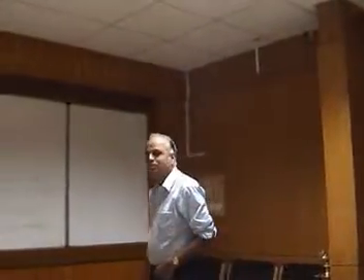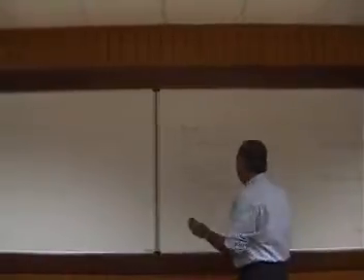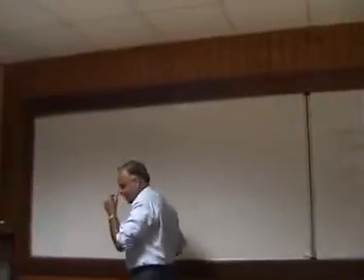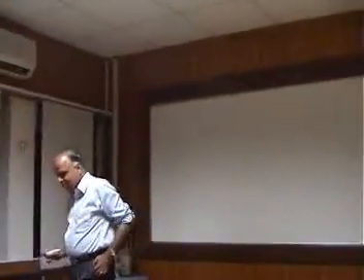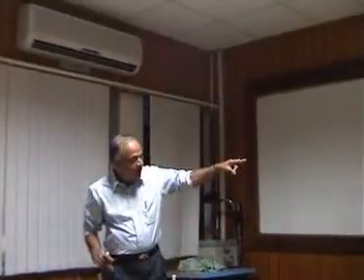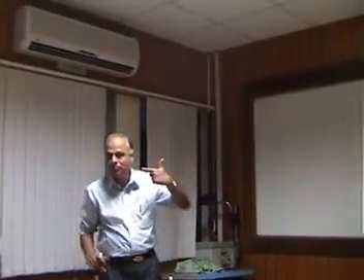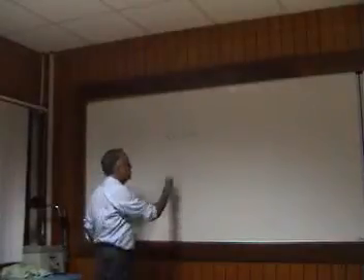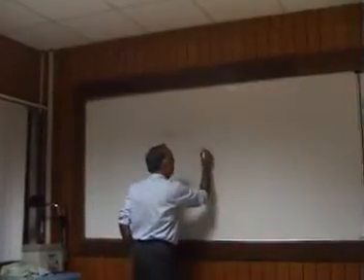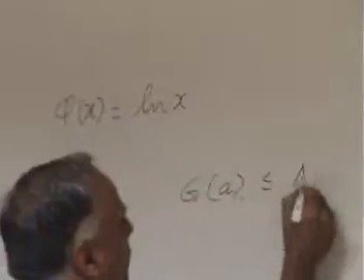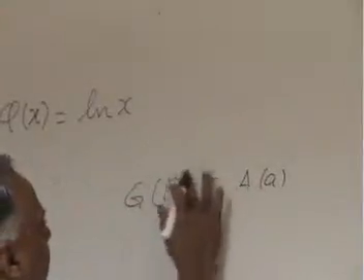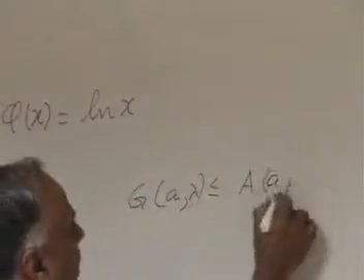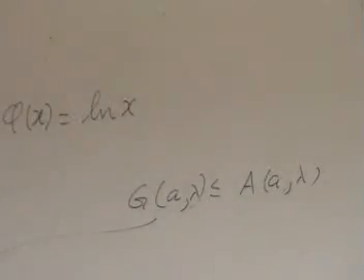See, for example, here itself we looked at this case through the logarithm. Suppose I look at phi of x as the logarithm of x. In the arithmetic geometric mean inequality with the weights, let's look at the left hand side.